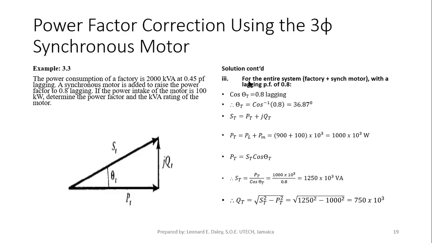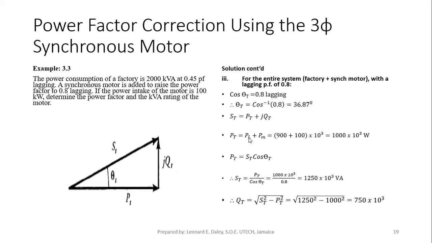So let us now look at the entire factory. For the entire factory, the power factor was raised up to 0.8, so we can find out what that angle is: cos inverse of 0.8. ST now is the total system, both the factory and the synchronous motor. So ST is equal to PT plus jQT.